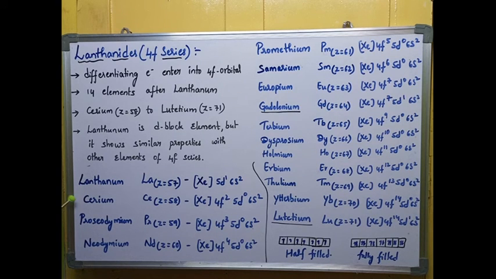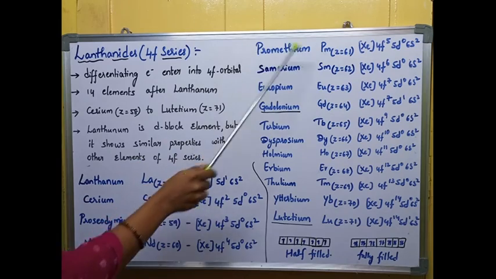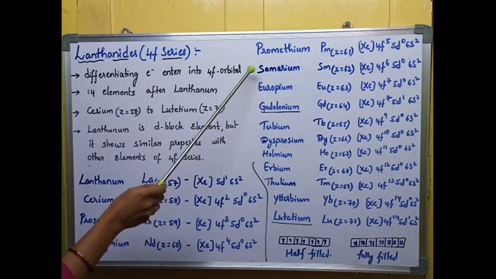Cerium is the element with atomic number 58 and symbol Ce. Next, praseodymium, atomic number 59 and symbol Pr. Next, neodymium, atomic number 60, symbol Nd. Next, promethium, symbol Pm and atomic number 61. Next, samarium.